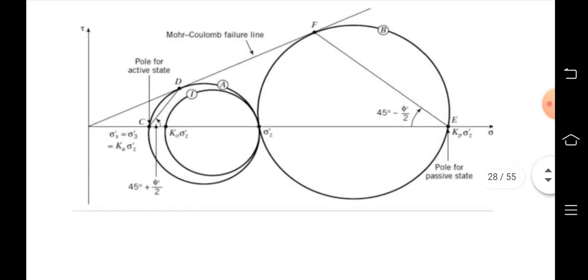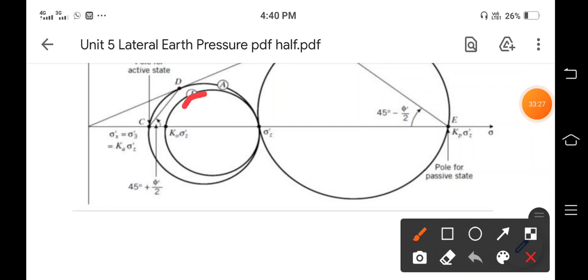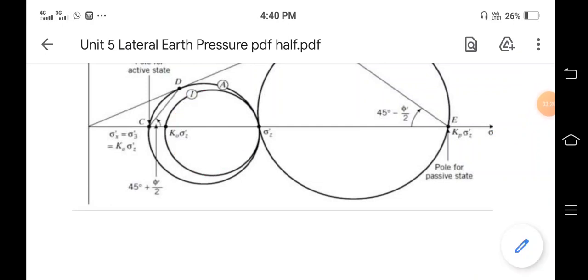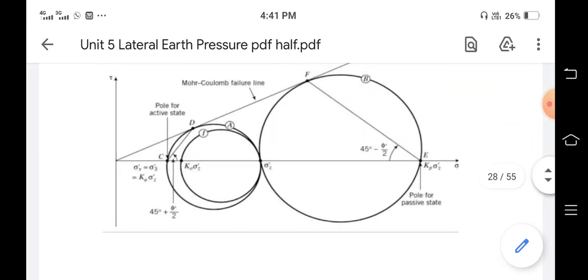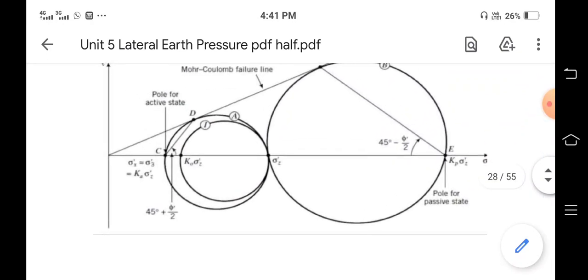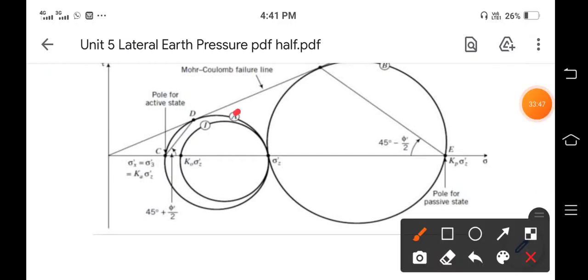All these parameters, I will tell you what is meant by them. This I is the first Mohr circle, that is, the Mohr circle for the pressure at rest condition. Then the capital A is the Mohr stress circle for the active earth pressure condition.